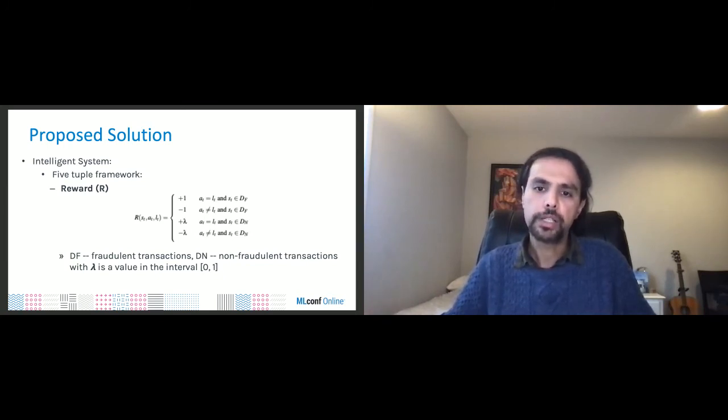And the reward is positive delta or negative delta for correct classification or misclassification of a good transaction. And lambda here simply is a value in the interval between 0 and 1. So less penalty if it is a good transaction, greater penalty if it's a fraudulent transaction, correctly or incorrectly classified.